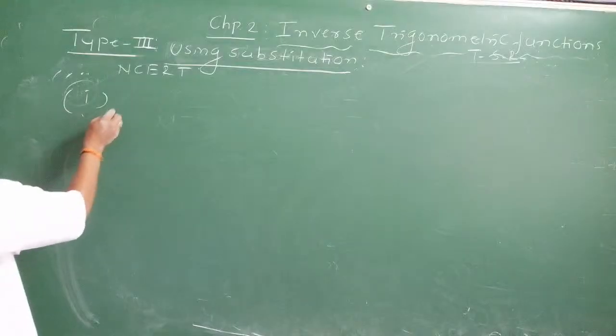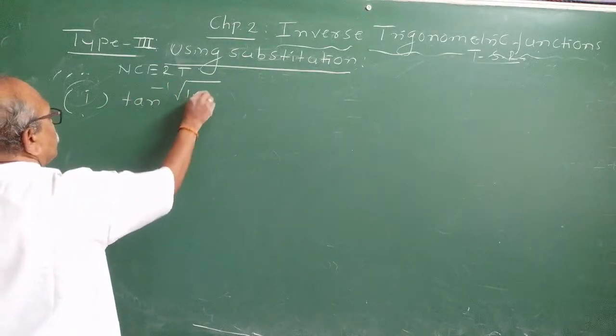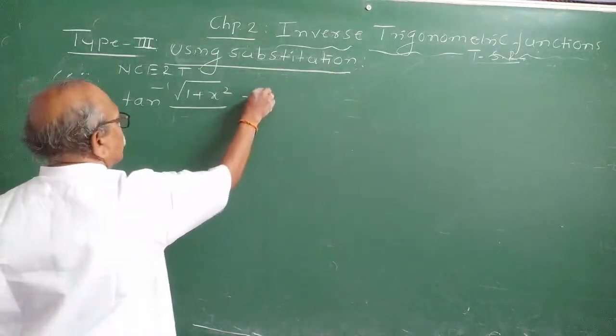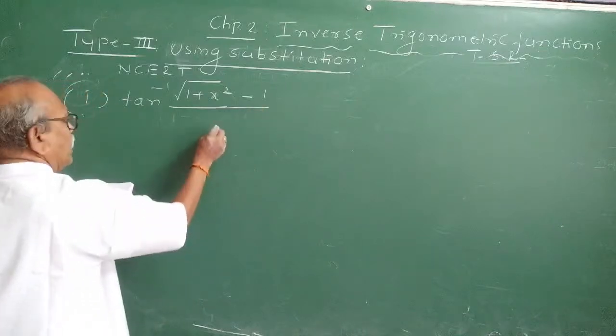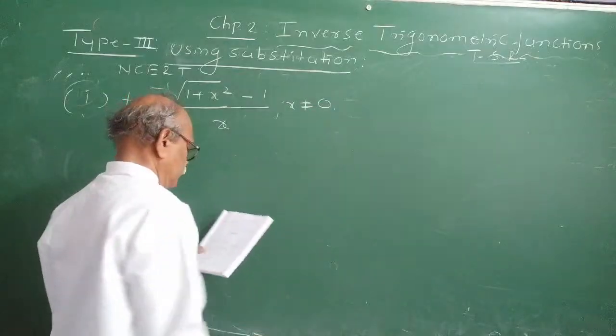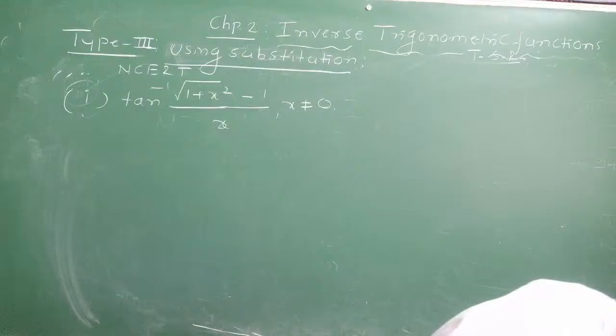First one from your textbook: tan inverse of (root of 1 plus x square, minus 1) upon x, where x is not equal to 0. You have to simplify it to the standard form, right?